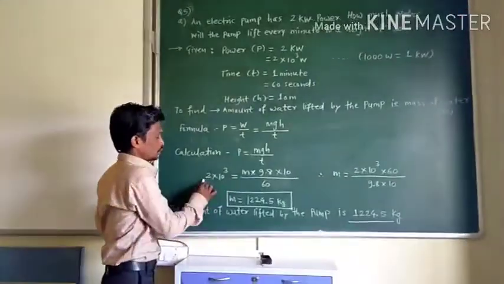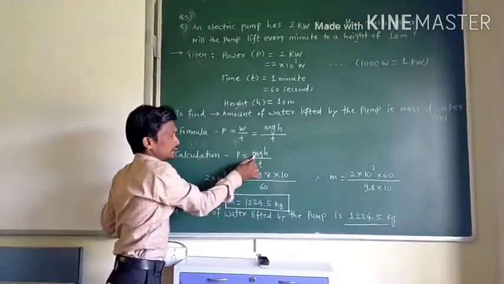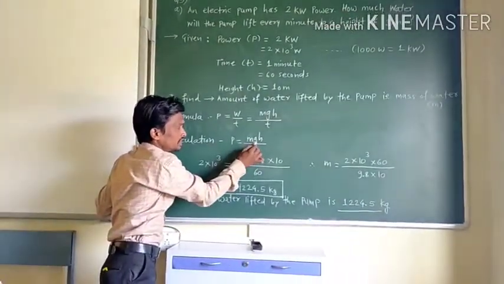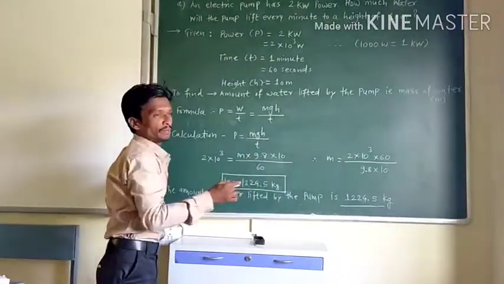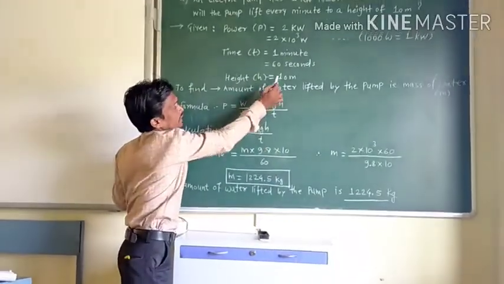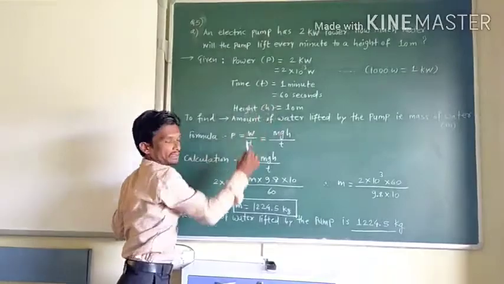P is equal to 2 into 10 raised to 3 watt. Then m we don't know. G means gravitation, that is 9.8, and h means height, 10 meter, divided by time, that is 60 seconds.